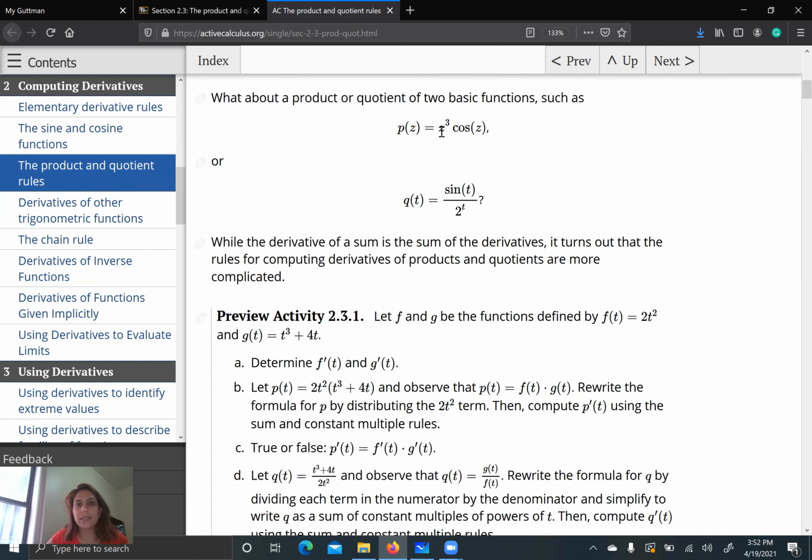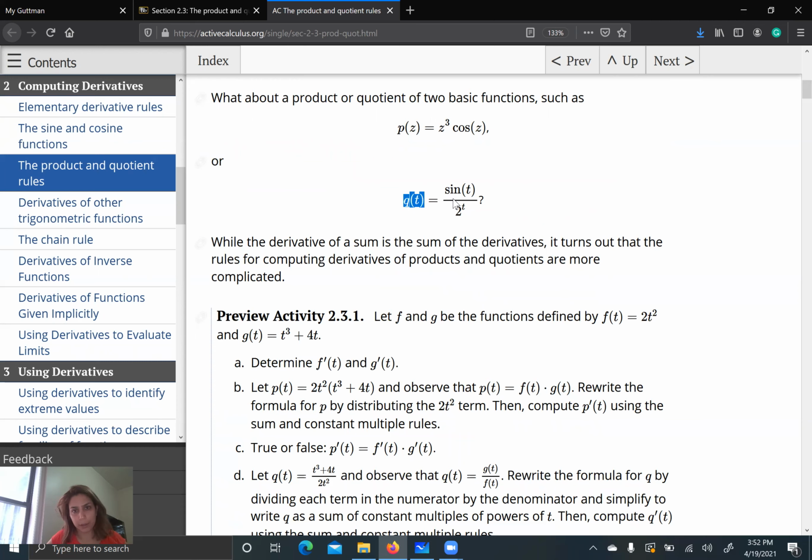Look, you have z cubed times cosine of z. Okay, so z cubed is a power function, cosine is a trig function, and then we have them multiplied by each other. So this is a product of two functions. We haven't learned how to take such derivatives.